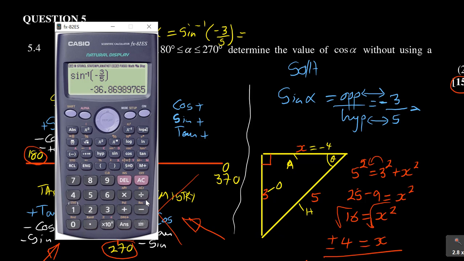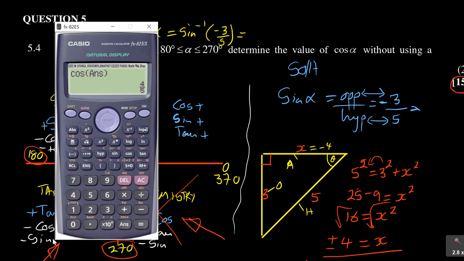If you do that, you can see it gives me minus 36 point something. If I use that as the answer, I can say cos of that answer is equal to, you can see, 4/5 in this case.